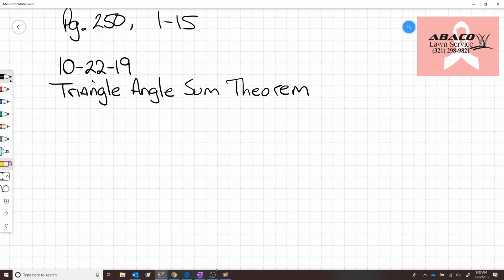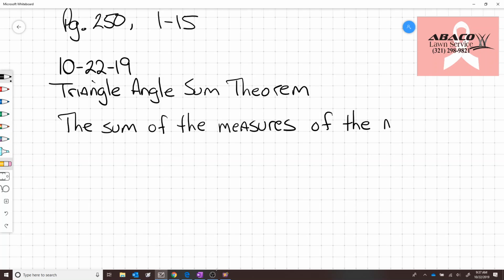What the triangle angle sum theorem says is that the sum of the measures of the angles in a triangle is 180 degrees. We talked about that yesterday a little bit. All right, the sum of the measures of the angles in a triangle is 180 degrees.